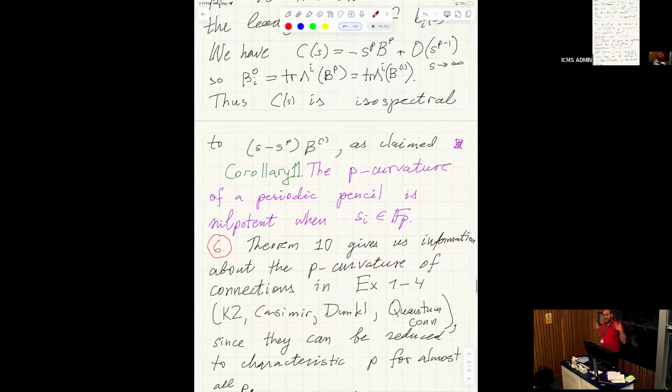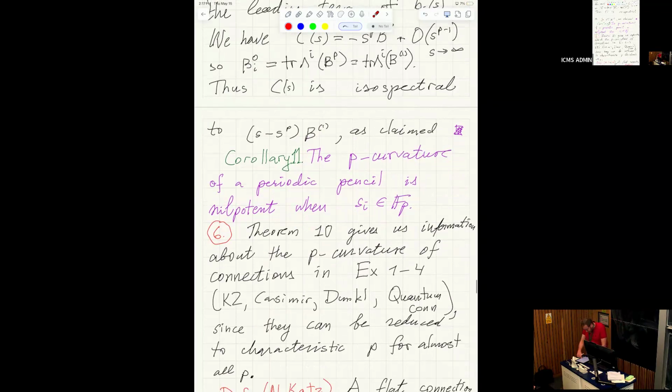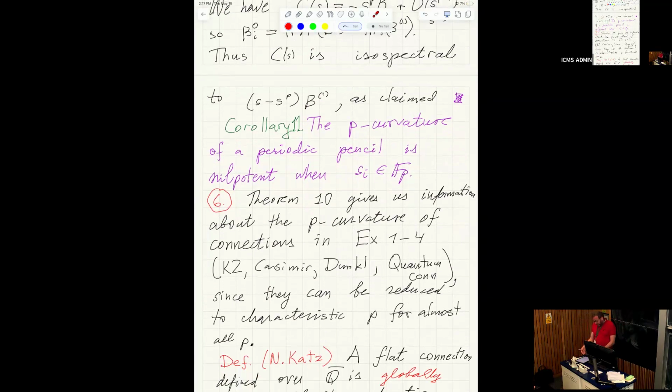And isospectral to 0 doesn't mean that it is 0, but it means that it's nilpotent. So we obtain that the p-curvature is nilpotent at the points S_i in F_p. And also it gives important information about p-curvature of connections of all these wonderful examples that we see from representation theory. Nobody knew how to compute p-curvature of these equations.